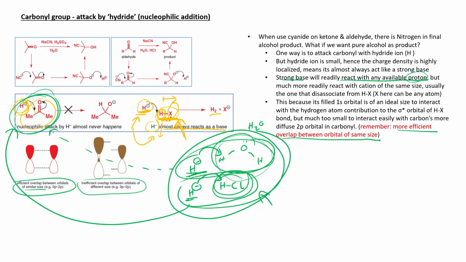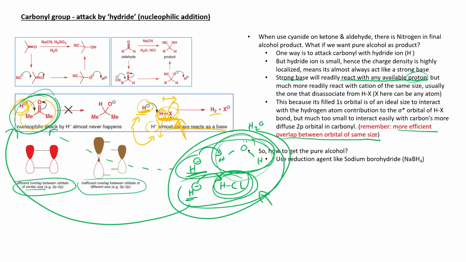So that's why it's much easier for the hydride to readily attack the water or other stuff like the halide. So the question remains, how to get the pure alcohol?